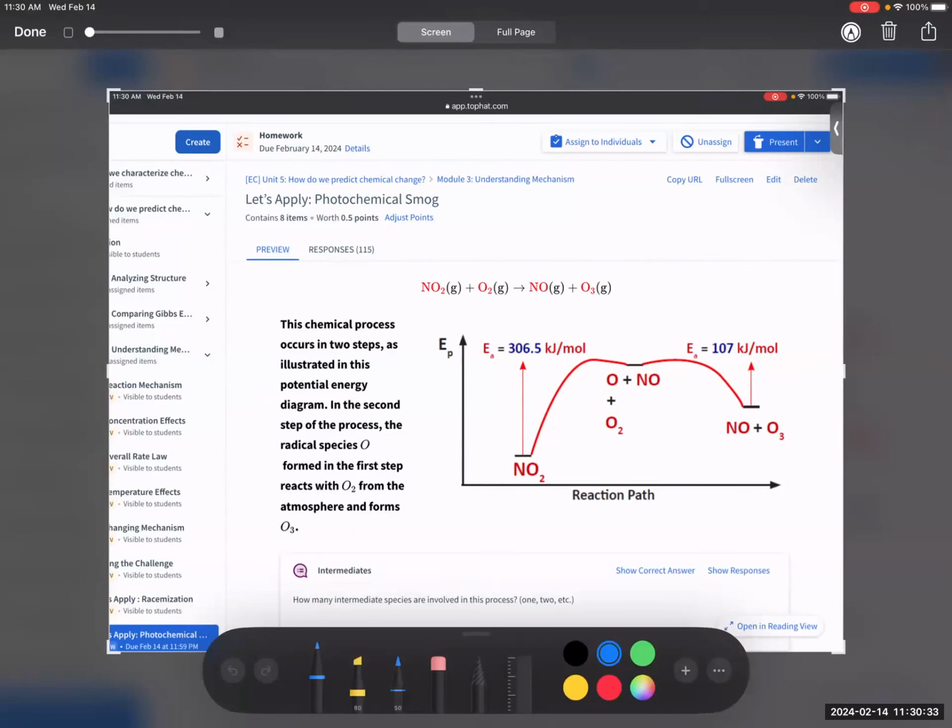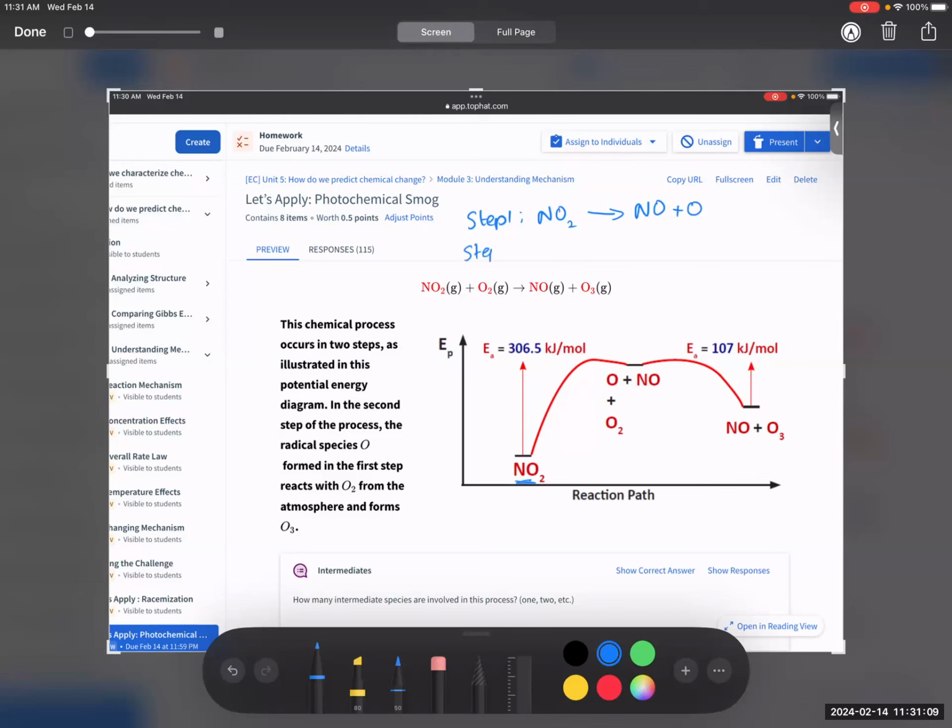So in the first step, we see that NO2 became NO plus O. So step 1 seems to be this. Here the reactant is NO2, and it splits into NO plus an O atom.